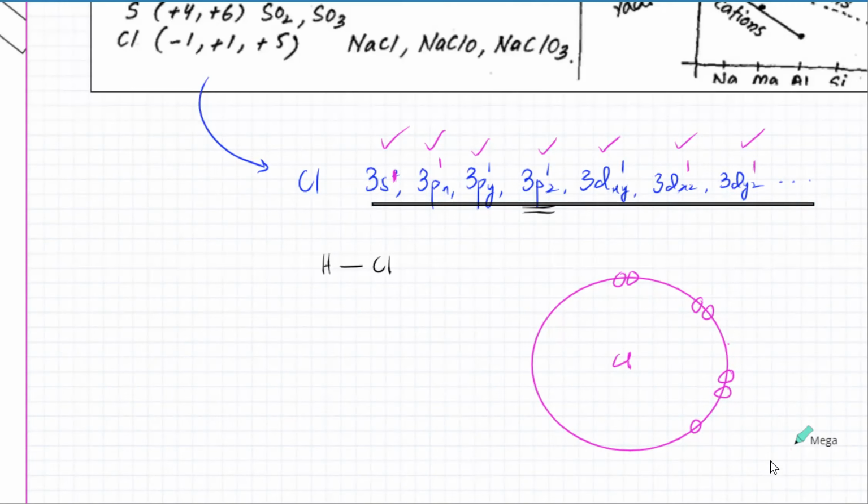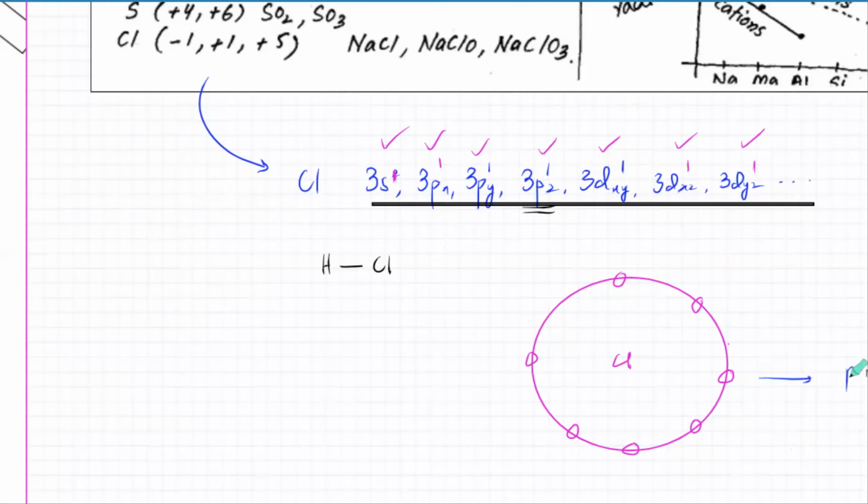But the third shell is much bigger in size. At the moment, only this particular orbital can bond with an atom because that's the only one that's empty. But because the third shell is so big, it can accommodate 18 electrons in total. So Cl can distribute electrons all over the place and bond with more atoms.